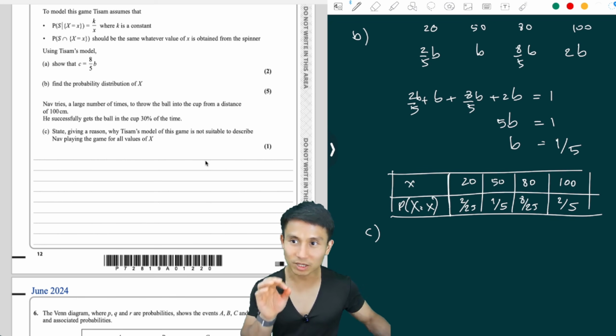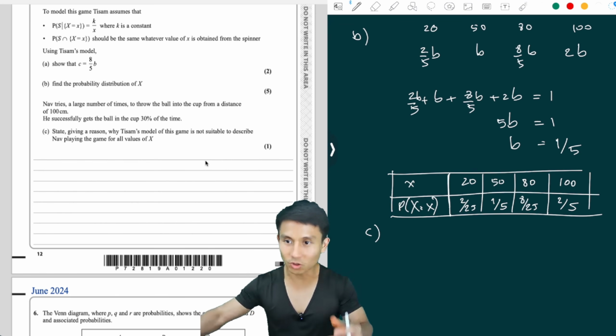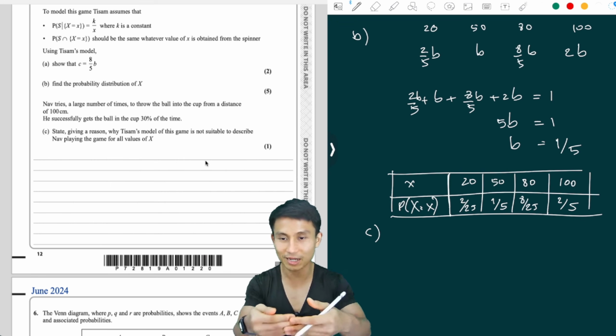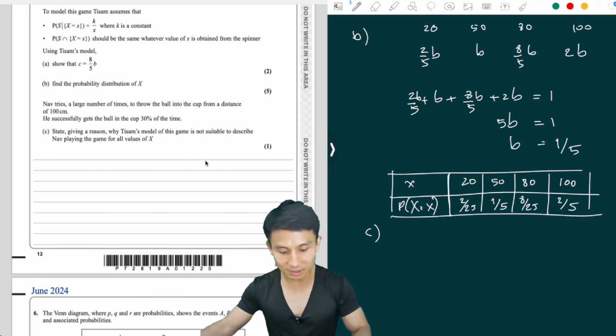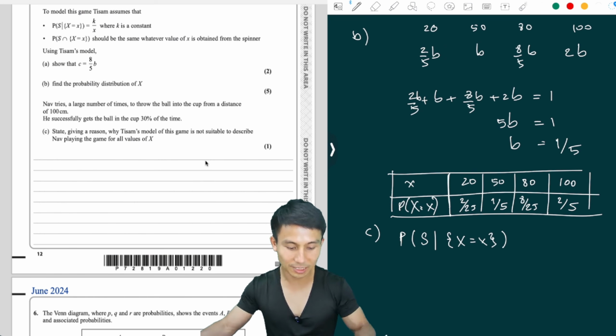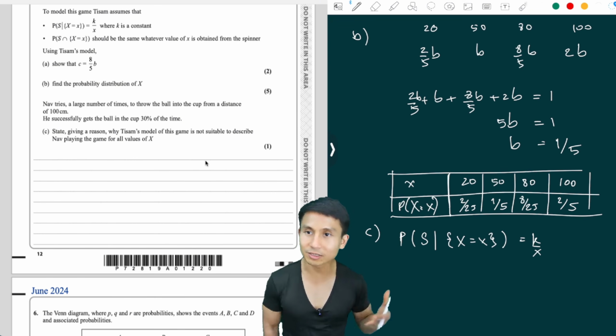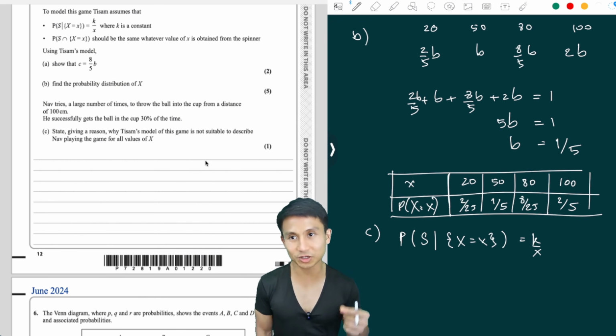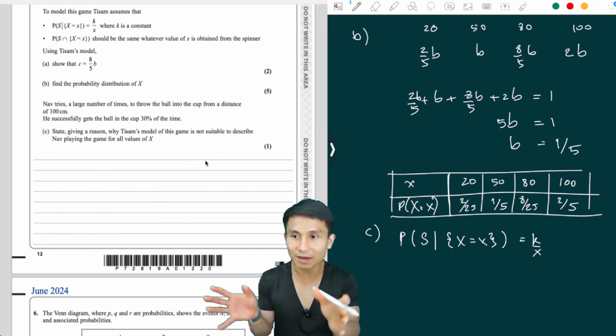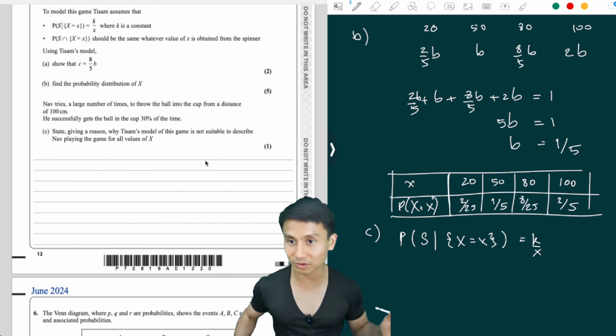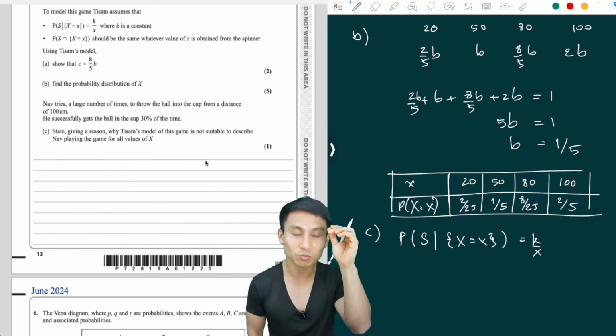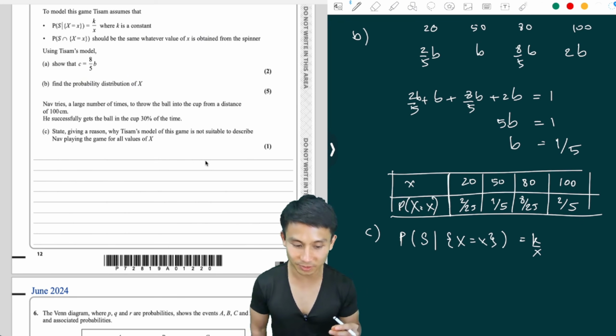And when we want to apply Tisam's model here, in which you have a distance x and then you're going to throw the ball from that distance, it is the same here as P of S given x equals x, right? That's still the same thing, and that was given earlier to be k over x, remember? And because Tisam's model is saying that k should be a constant, and Nav here tries a very large number of times to throw the ball from just one single distance, 100 centimeters.